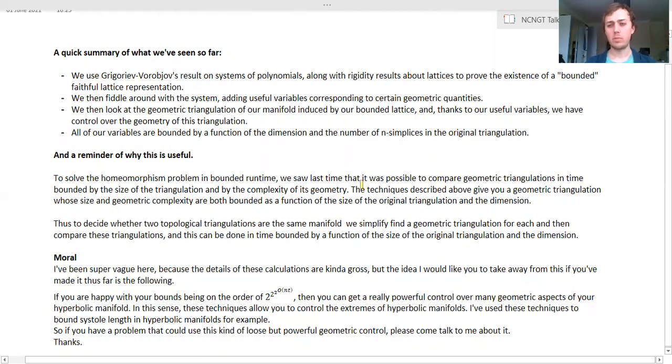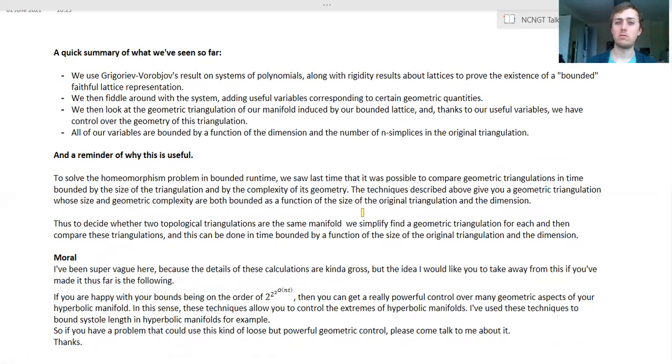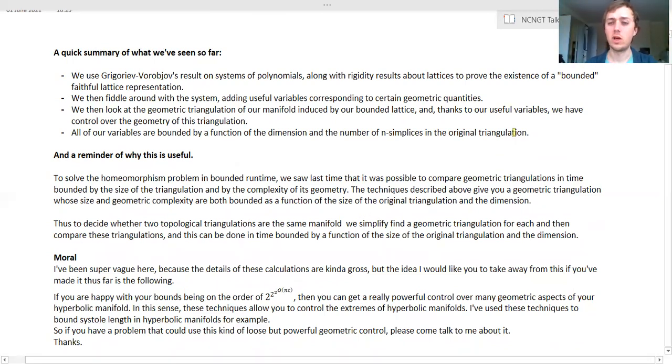And so the techniques described above give you a geometric triangulation whose size and geometric complexity are bounded as a function of the size of the original triangulation, which is just this combinatorial information. So if you're given two topological triangulations, you find their bounded geometric triangulations and then apply Kuperberg and Frances's result to those bounded geometric triangulations, and you get a bounded runtime, because it's bounded to get here and bounded to compare them, algorithm for the entire homeomorphism problem.